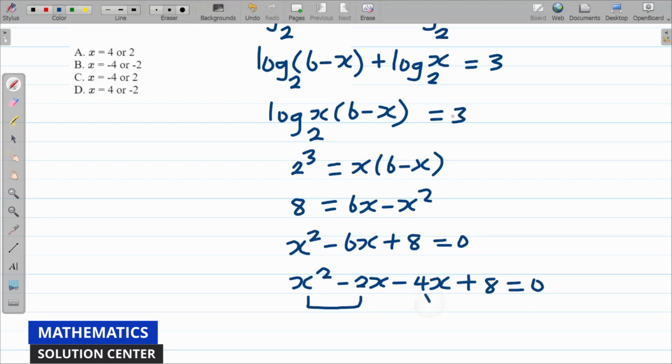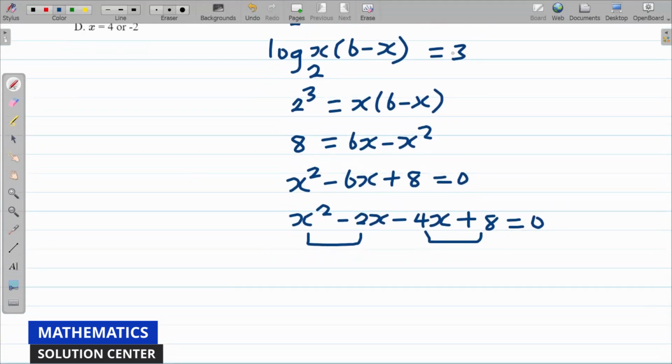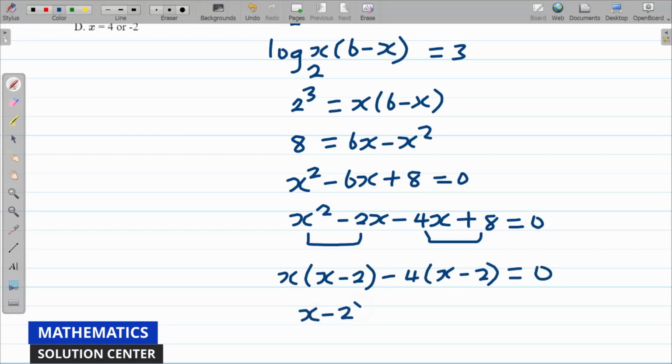And then we group into two parts. Then we factorize this. We are going to have x into bracket (x minus 2), minus 4 into bracket (x minus 2) is equal to 0. So we have (x minus 2) and (x minus 4) is equal to 0.